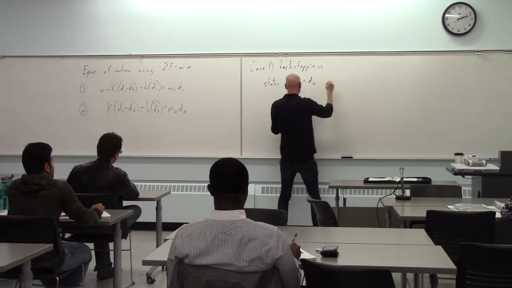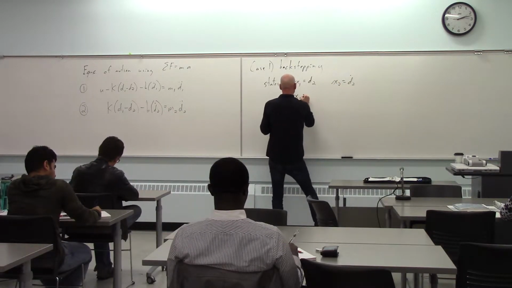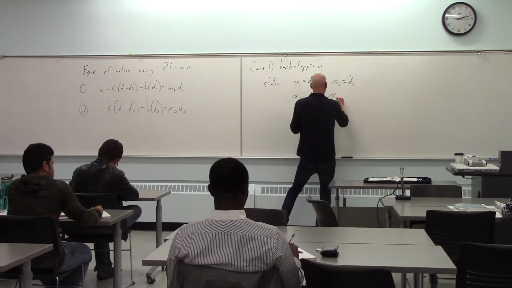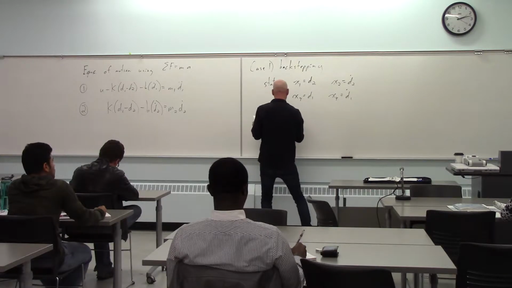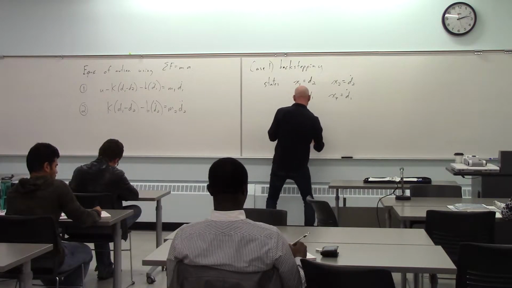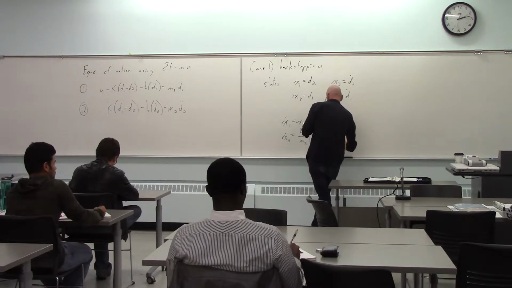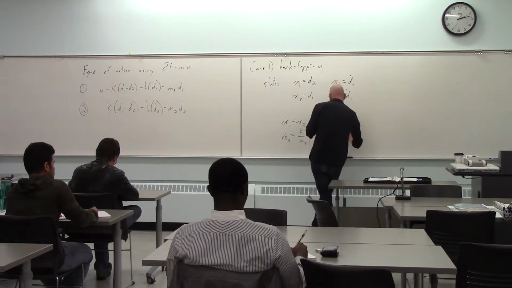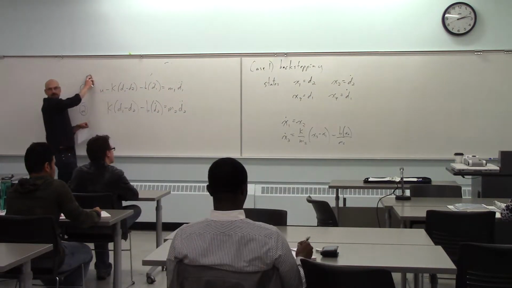So I'll make x1 equal d2, x2 equal d2 dot, x3 equal d1, x4 equal d1 dot. My equations of motion are x1 dot equals x2, and x2 dot equals k over m2 times (x3 minus x1) minus b of x2 over m2.